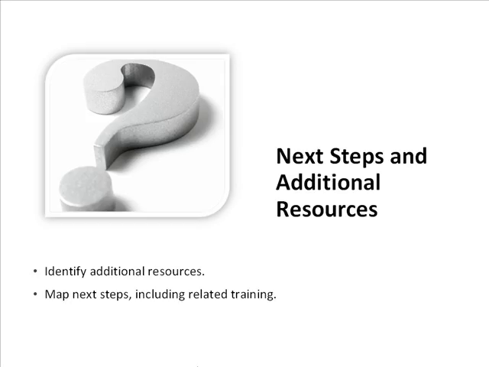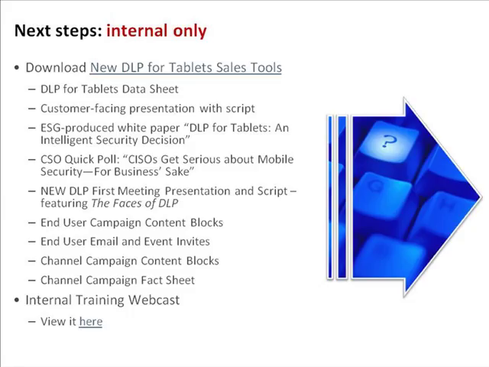So let's talk a little bit about next steps and some additional resources where you can go to get additional information about this release. Well, first thing you can do is download the DLP for Tablets sales tools, and that is out on Score. It contains data sheets, white papers, and presentations.